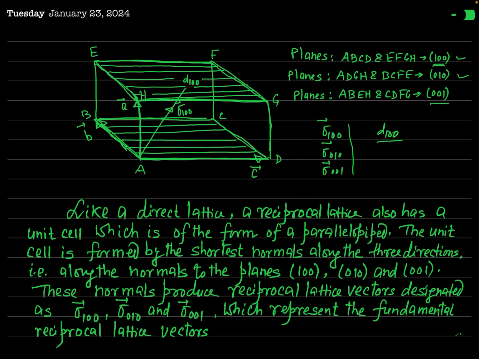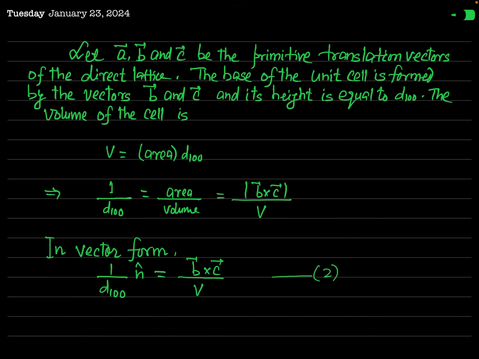As you know, volume of this unit cell will be what? That will be area of the base multiplied by its height. Okay, so you can see that the volume of the unit cell of the direct lattice V will be area times height, and this height is D1, 0, 0.